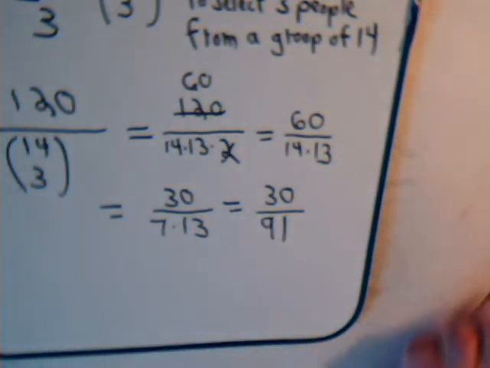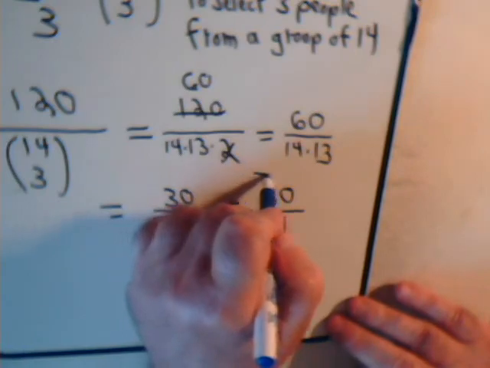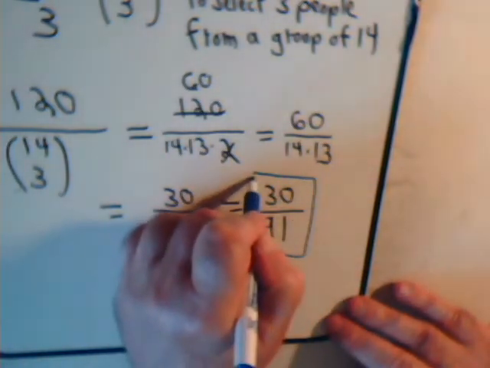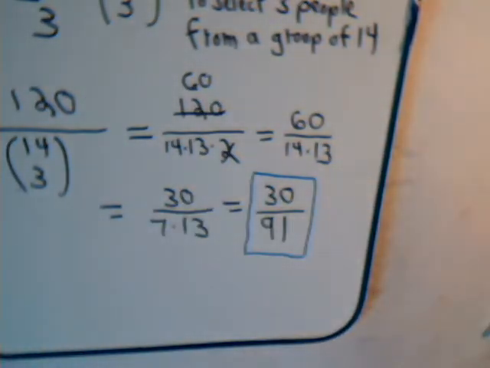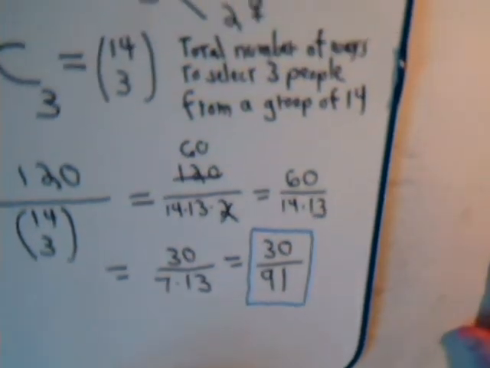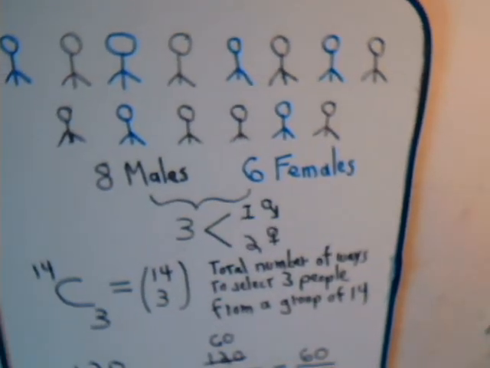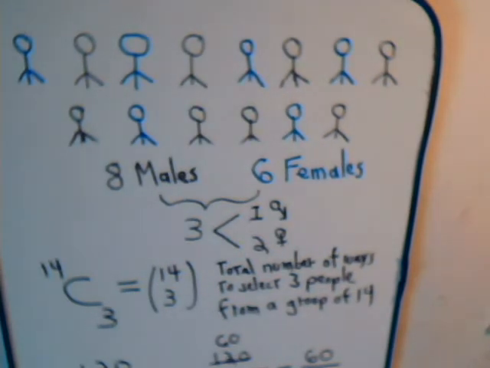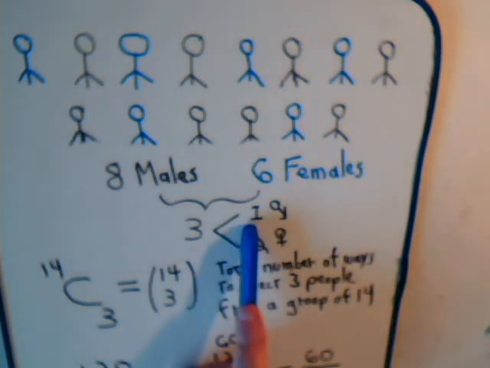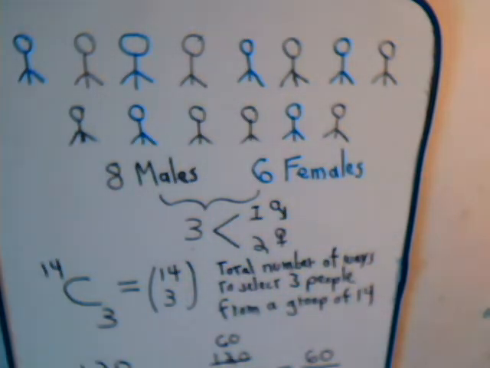So finally, this is the probability that when we are randomly selecting 3 people from this group of 14 people, we get 1 male and 2 females.